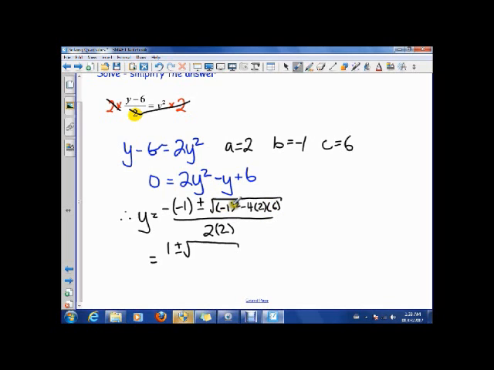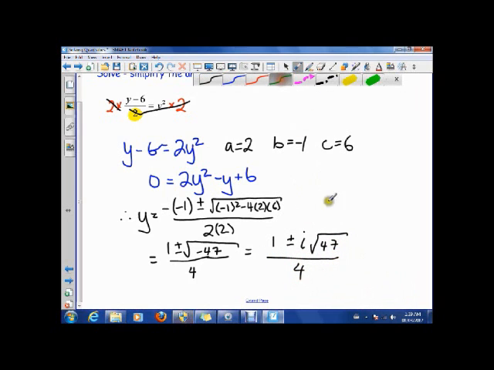Okay, so 1 minus 48 means negative 47 over 4, right? Which means that it's 1 plus or minus the square root of 47. We can't really simplify, but we can say that that negative can come out and become i, so roots of 47 over 4. Okay? And that's it.